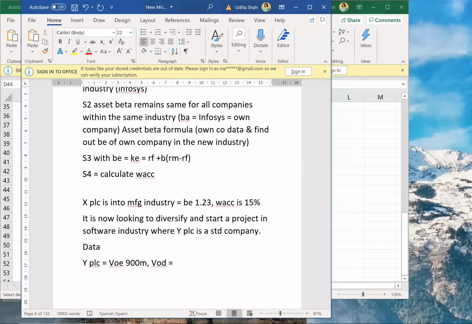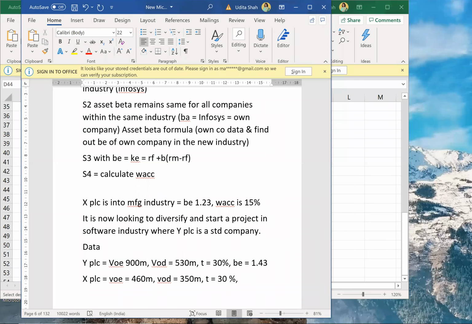Tax rate is 30%, and beta of equity is 1.43. XPLC data: value of equity is 460 million, value of debt is 350 million. Tax rate remains the same for the entire industry, 30%.